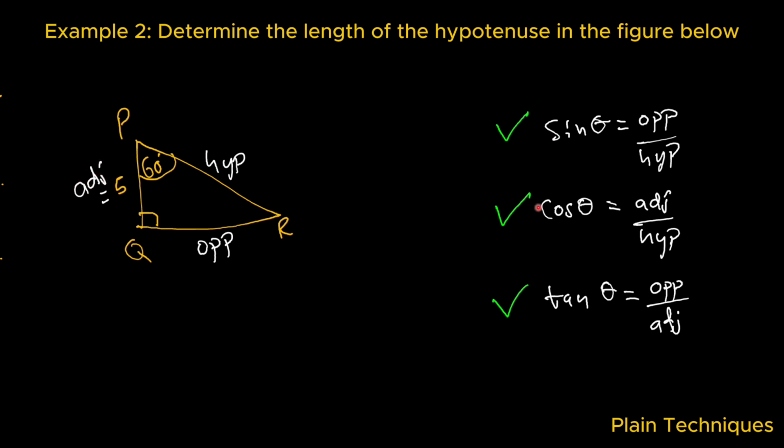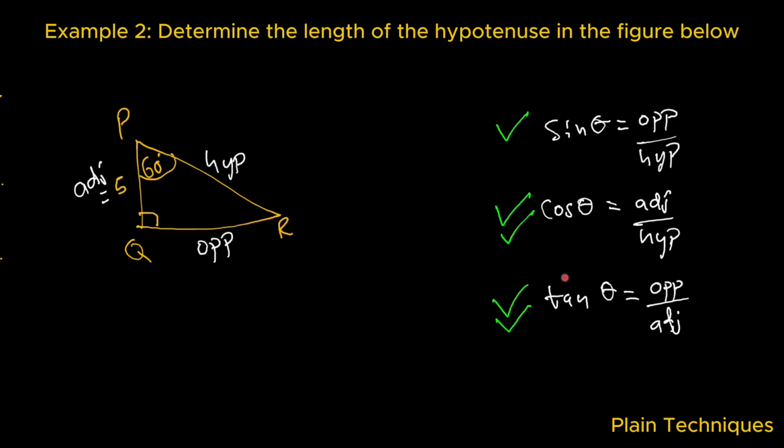Which of these three ratios contain adjacent? I see adjacent here and adjacent here, so I'm going to put a tick here. You can see that one is already eliminated, because it does not meet the requirements.